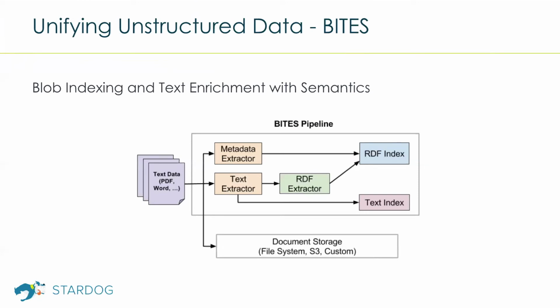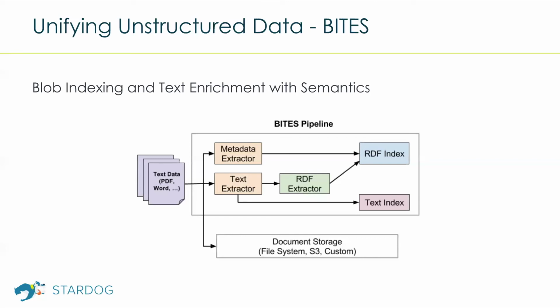You can also scan through the actual text of the document itself, run that through a text extractor, and that data will go to one of two places. It'll go through some RDF extractor, I think Apache Tika is the one that we use out of the box, something that'll take that text and extract some kind of RDF meaning from it, whether that's extracting entities, extracting entity names, trying to link things together.